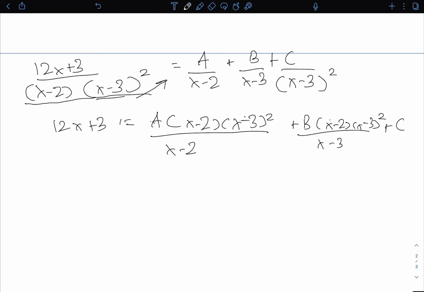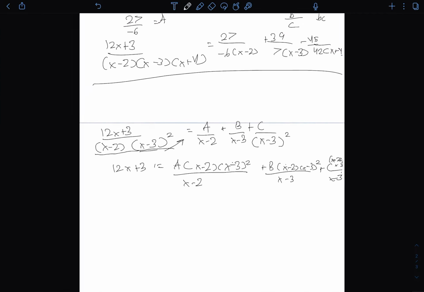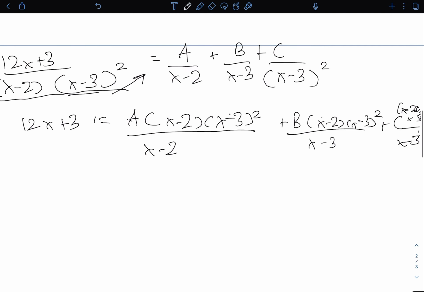I'm running out of space over here, so I'll move it down. I completely ran out of space, but I think you should be able to fill in the blanks here.